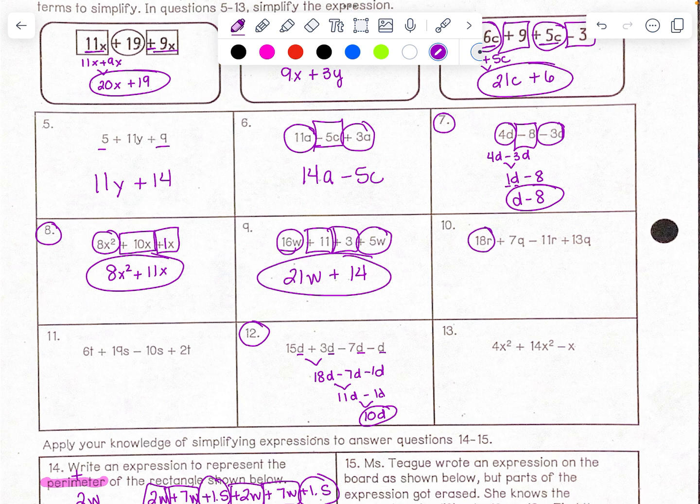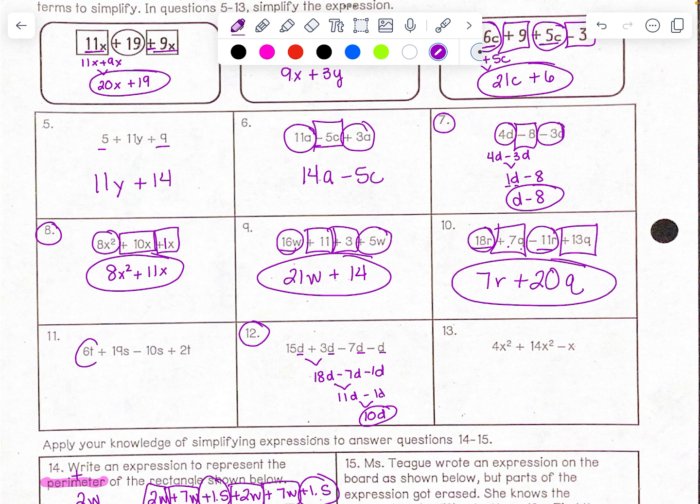Next, r minus 11r, and then I've got my q's. 18 minus 11, 7r, 7q plus 13q plus 20q. T's, and then s's. All right, so 6t plus 2t is 8t.